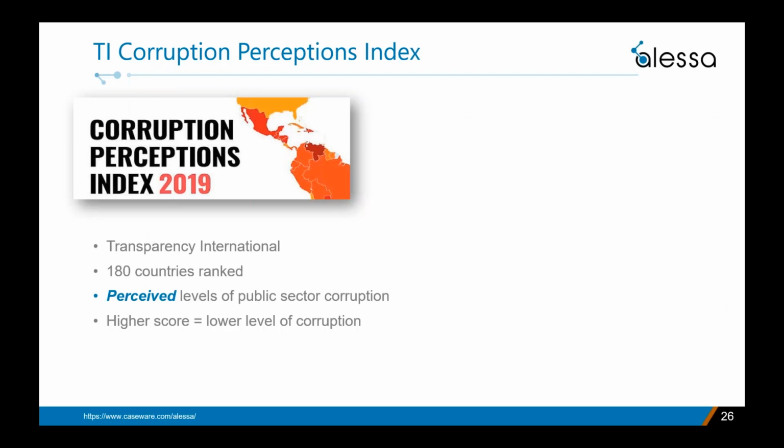So let's talk about each one of these. An organization called Transparency International develops and publishes the annual Corruption Perceptions Index, or CPI. Now, its mission is to work together with governments, businesses, and citizens to stop the abuse of power, bribery, and secret deals. Every year, the CPI ranks 180 countries and territories by their perceived levels of public sector corruption, according to experts and business people.